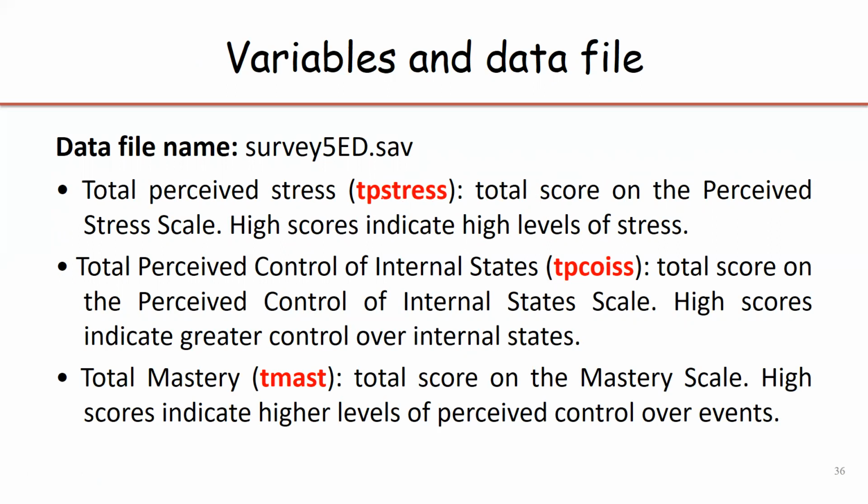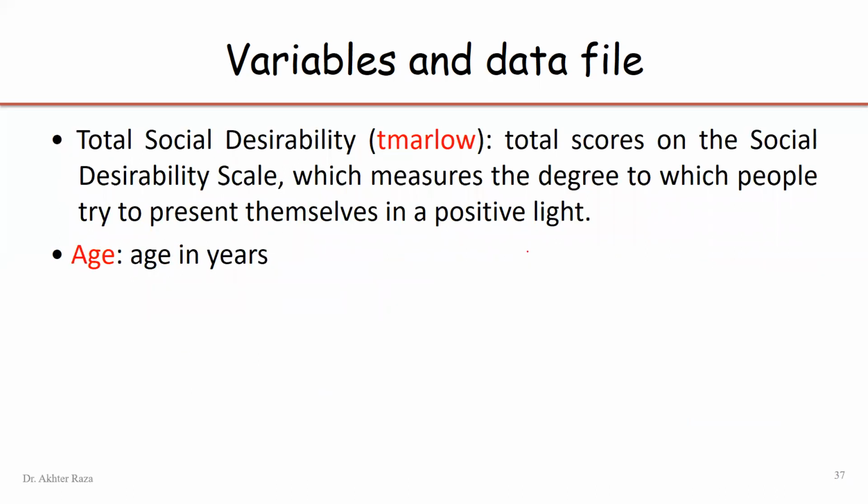TP stress in the data file is the variable which will be used as the dependent variable. PCOISS is the total perceived control of internal state, and TMAST is the total mastery control. So these two are the predictors, PCOISS and TMAST, and TP stress is the response variable and the dependent variable.